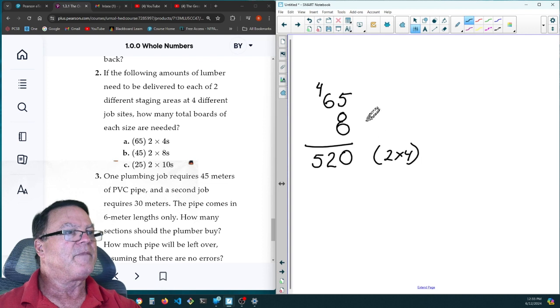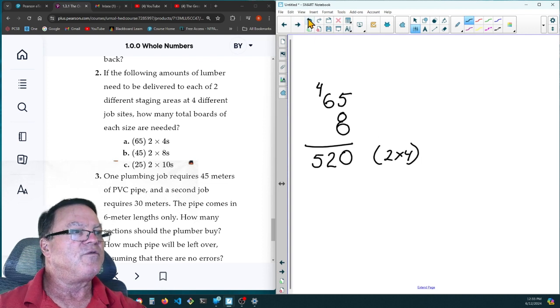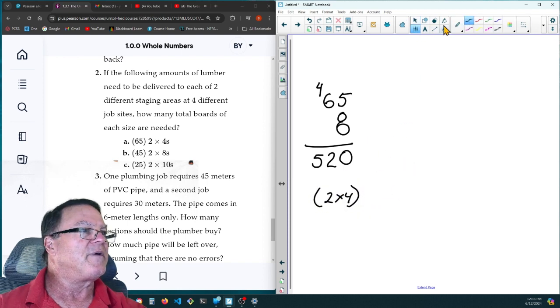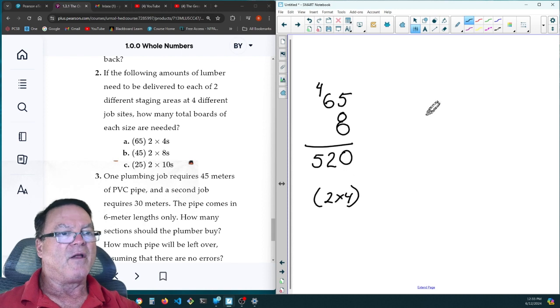Okay. I'm actually going to move this. Let's see, where's my cursor? There. Let me grab this and move it. There we go. Now I'll go back to my pen. The next one are 2x8s. We need 45 of them.